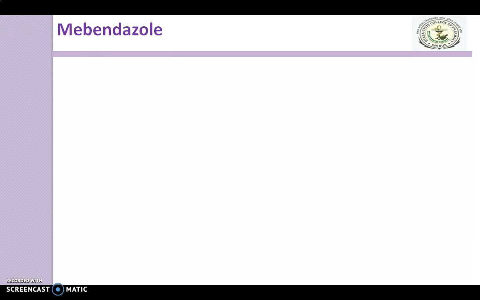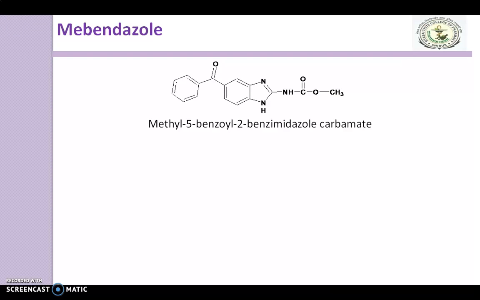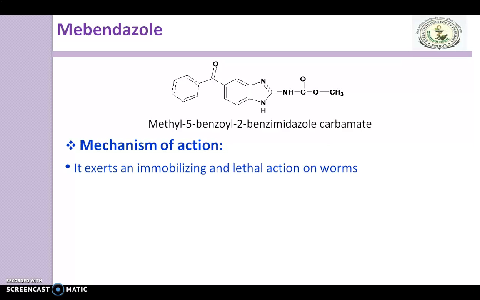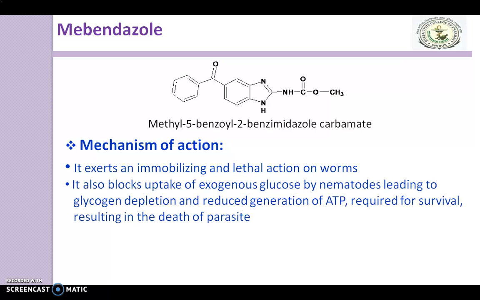So first is mebendazole. Here is the structure and IUPAC nomenclature of mebendazole. Mechanism of action: it exerts an immobilizing and lethal action on worms.